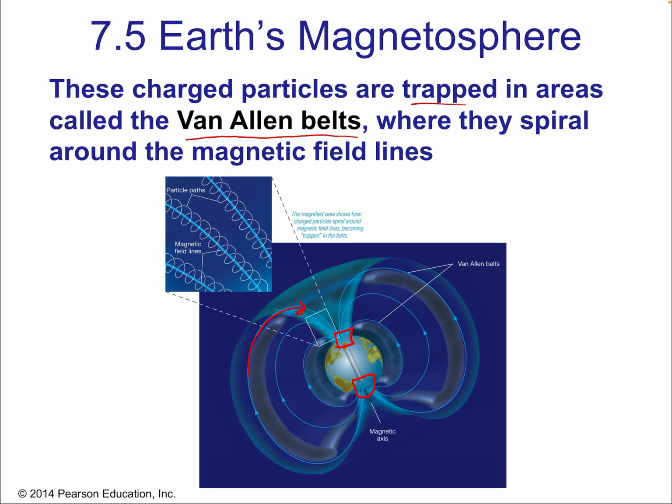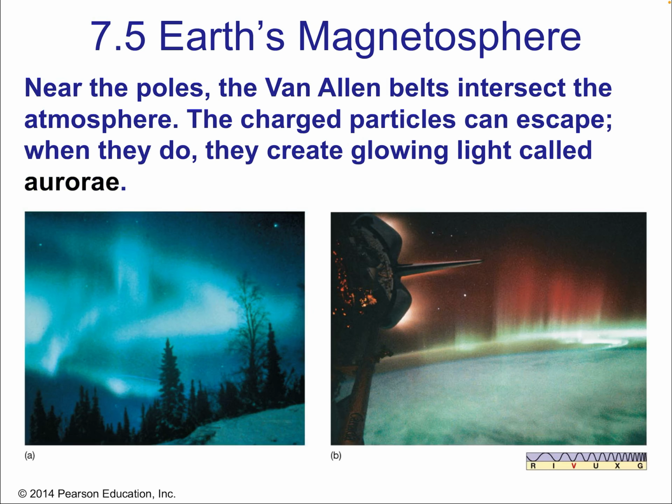That means these charged particles make their way down to the poles, forming aurora borealis, known as the northern lights or the southern lights. Okay? So that's the only time that the charged particles can even come close to the surface of Earth, are at the poles. And that's where we see that evidence of the solar wind. We see that evidence of our magnetic field directly.